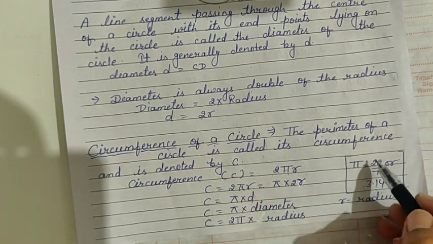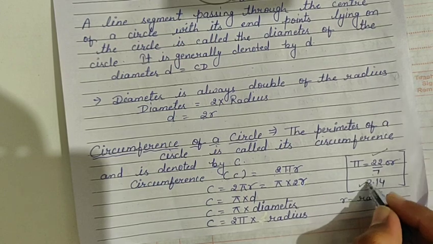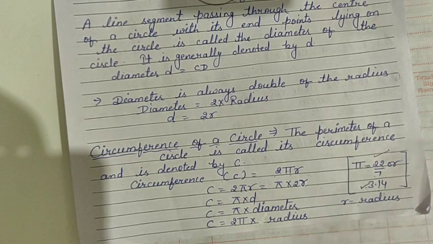We can take the value of pi as 22 upon 7 and we can take 3.14 also.